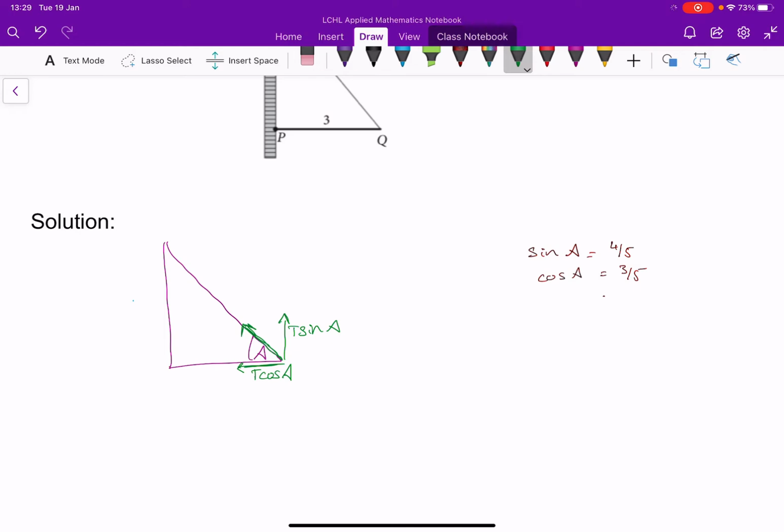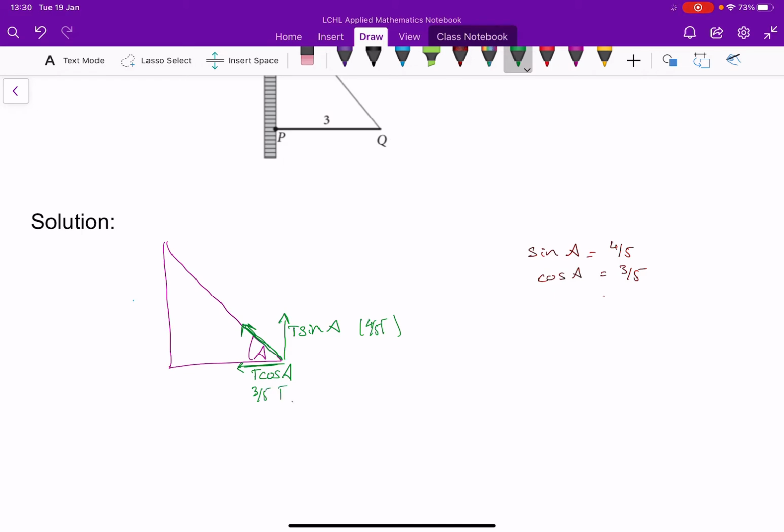So the vertical component is 4 over 5T, and the horizontal component is 3 over 5T.